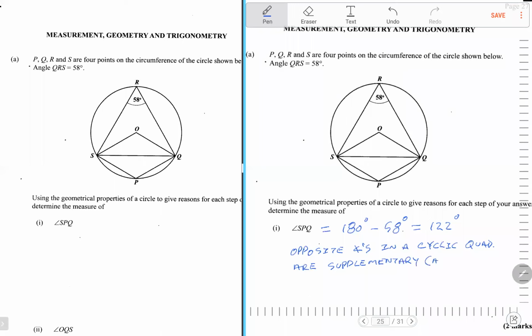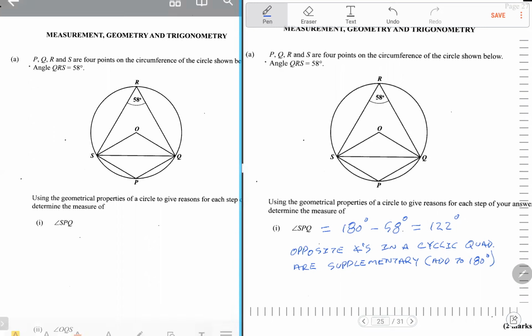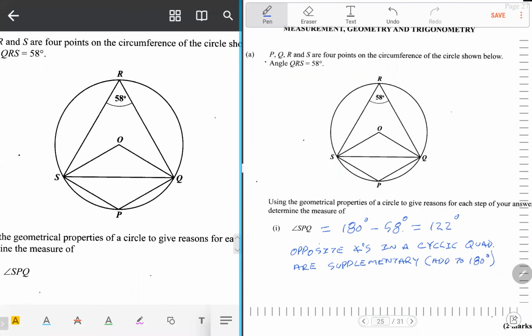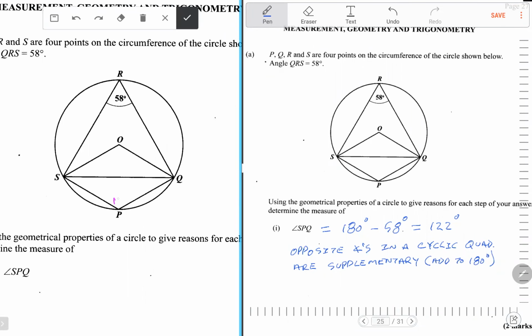Supplementary means that they add to 180 degrees. And that's a cyclic quadrilateral, right? That I marked before. So we worked out that this angle down here is 122. Let's put it on the diagram on this side so we can reference it. This is 122 degrees. That's what we know so far.